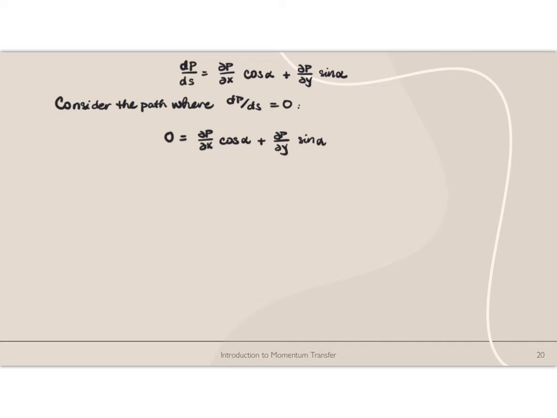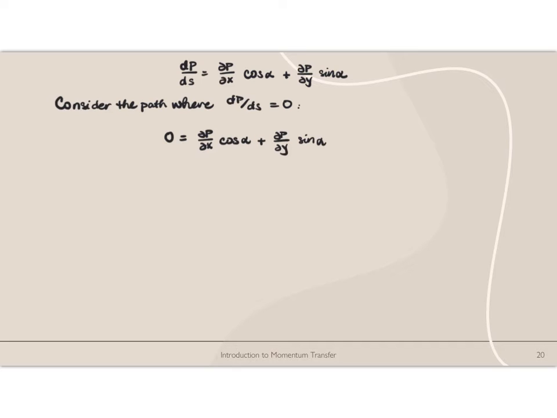Now, sine and cosine can be combined. If I algebraically rearrange this to put one on each side and then divide both sides by cosine of alpha, we end up with the tangent of alpha is equal to negative ∂P/∂x over ∂P/∂y, or the directional derivative with respect to x divided by the directional derivative with respect to y.